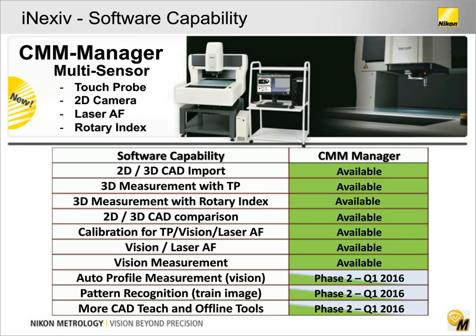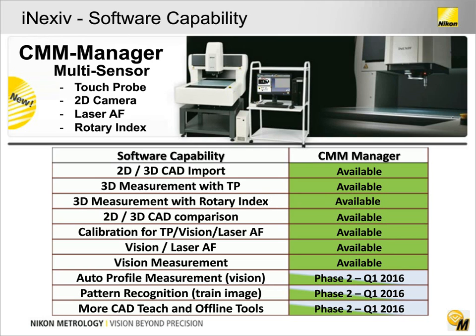Vision and laser autofocus. So autofocus on the surface or the edge using the camera, and then of course autofocus on the top surface of a part using this laser autofocus device. Vision measurement. So all sorts of vision measurements, circles, lines, curves, clouds, anything that the camera can see, we can collect data points and create either features or point clouds.